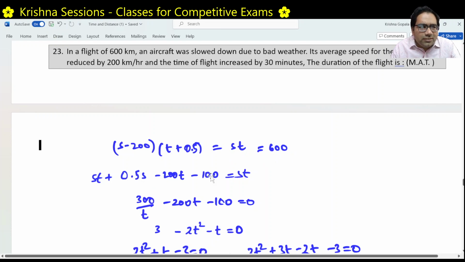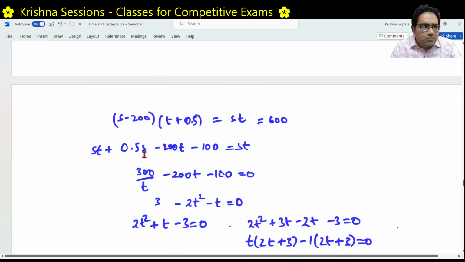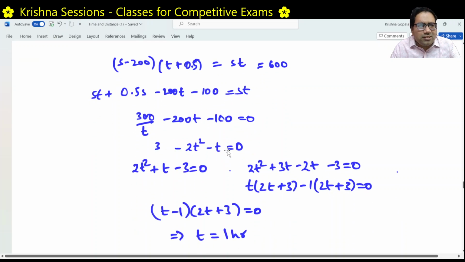Whatever is left, we are trying to bring into a single variable so that we can solve. So what will we write? s equal to 600 by t. So 0.5 into 600, which is 300. 300 by t minus 200 t minus 100 is equal to 0. Right. What does that mean? All zeros will cancel out. 3 minus 2t square minus t is equal to 0. What does that mean?